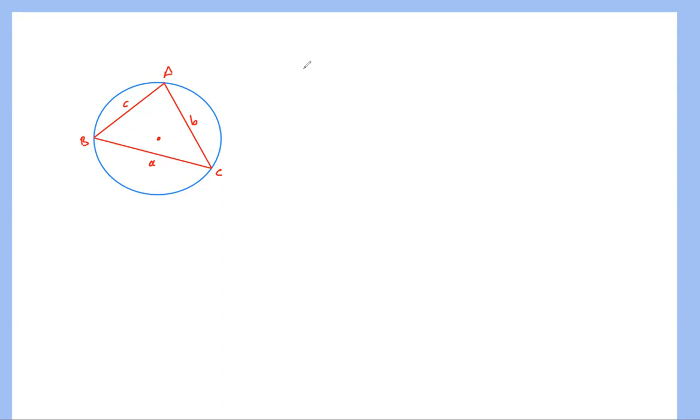But I'm gonna do the other way around, which is I'm gonna divide side A by sine A. Okay, this ratio is equal to B over sine B, and that is equal to C over sine C.